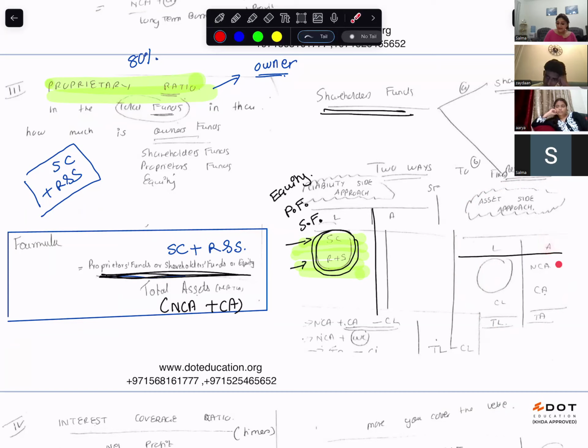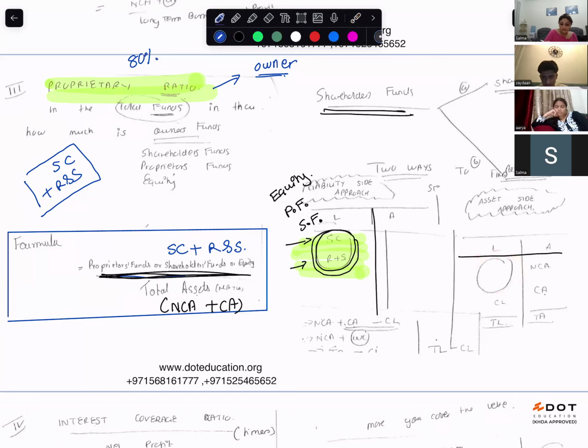Your assets are made up of your non-current assets plus your current assets, which is total assets. From your total assets, when you subtract your current liabilities, you are going to get this part.